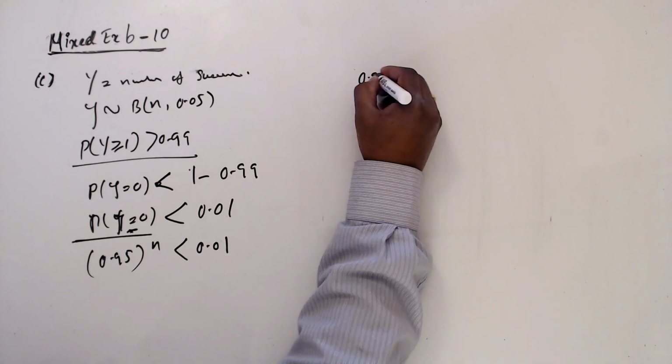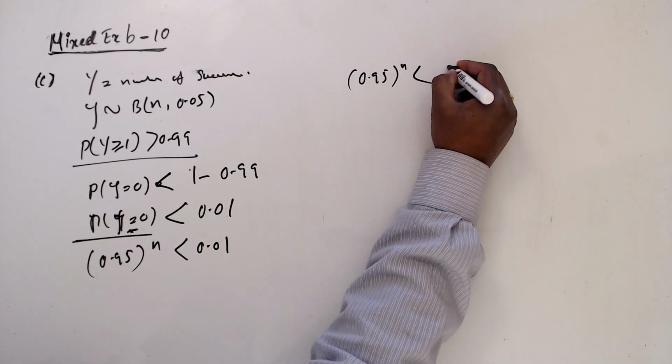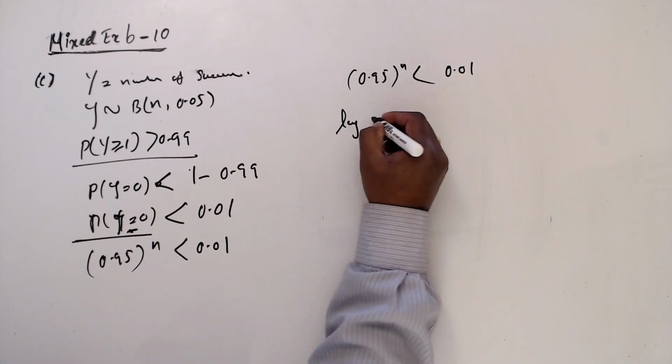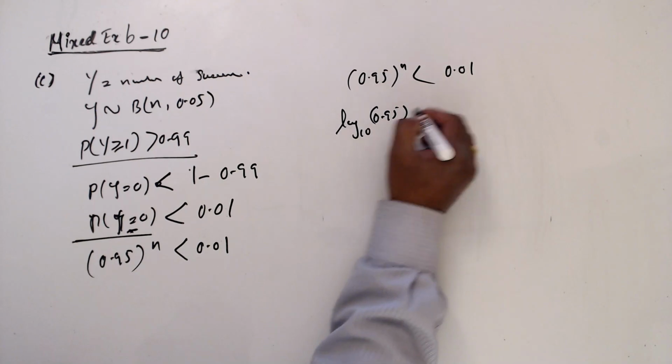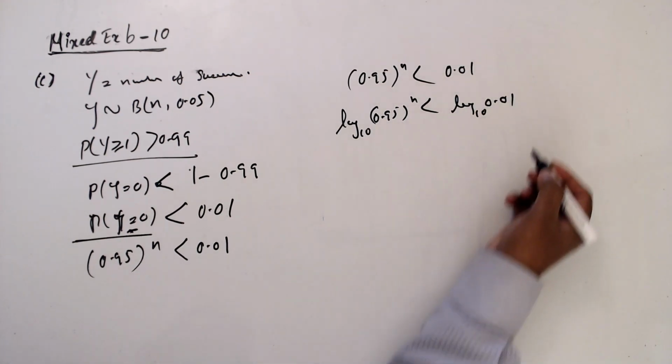Now this 0.95 to the power n has to be less than 0.01. So 0.95^n less than 0.01. Taking log base 10, n log 0.95 equals log 0.01.